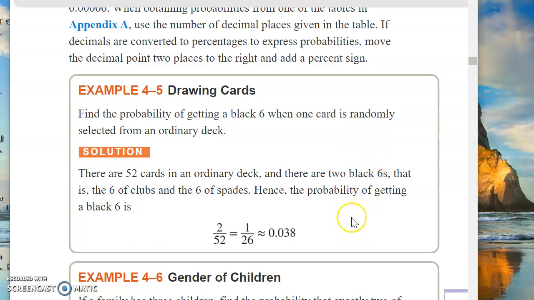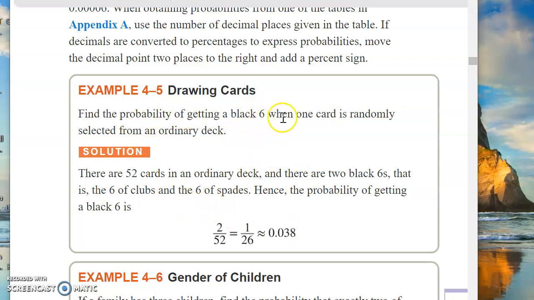You can have an outcome of a 6 that is a spade, or you can have an outcome that it's a 6 that's a club. So those are the 2 outcomes that you can have as a result of one experiment. Those 2 outcomes make up the set of the event. So the event is a set of outcomes.